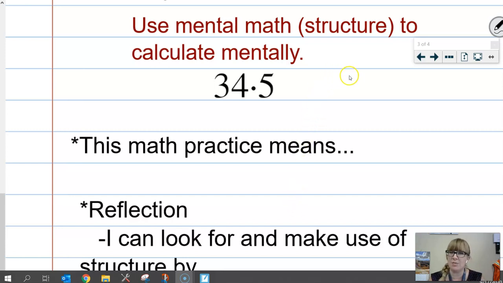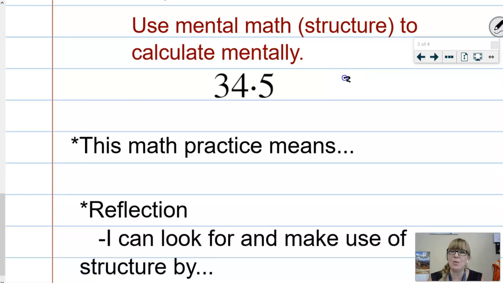Hopefully, what you did when you paused the video is you recognized that 34 is composed of 3 tens to make 30 and 4 ones. Add those together and you get 34. And thinking about 34 in this way also allows us to break up the multiplication into smaller pieces that are easier to mentally calculate.